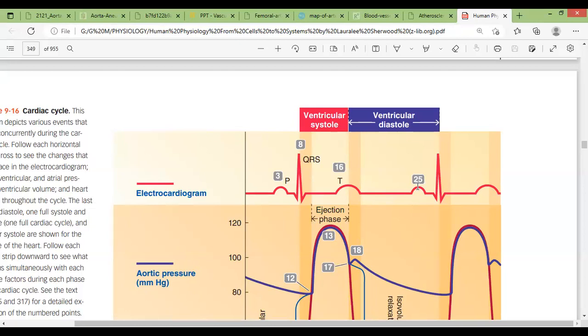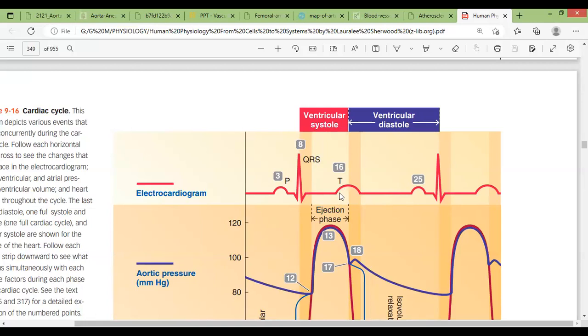Ventricular depolarization is at the QRS. After the ventricles have depolarized, the next thing they'll do is fire, so immediately after the QRS we'll be having contraction. Hence, this is where we have our ventricular systole.